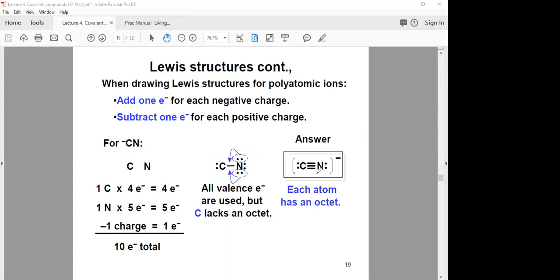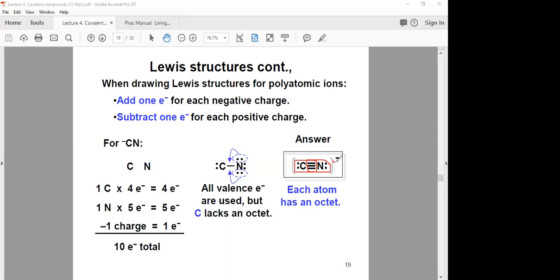Let's look at the correct Lewis structure for cyanide. We have carbon, now surrounded by 2, 4, 6, 8 electrons. So carbon has achieved its octet, and nitrogen is also surrounded by an octet.